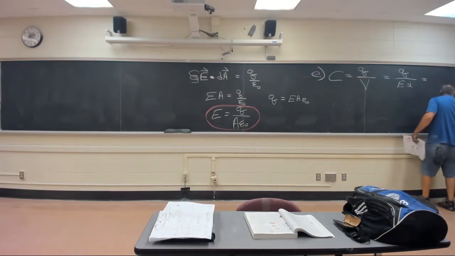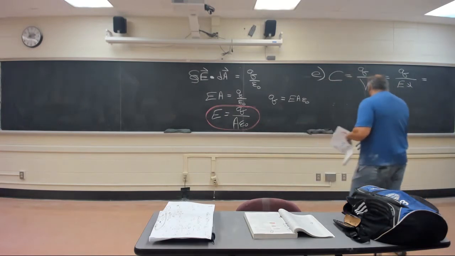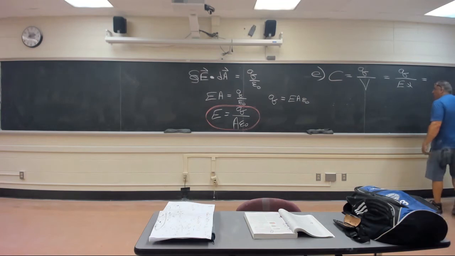Again, on the notes on that, I should have elaborated on that a little bit more. I hadn't, so I'm kind of trying to work backwards for you guys a little bit. Hopefully this helps a little bit. Yeah, I mean, you're looking at this. E is Q over A epsilon naught.